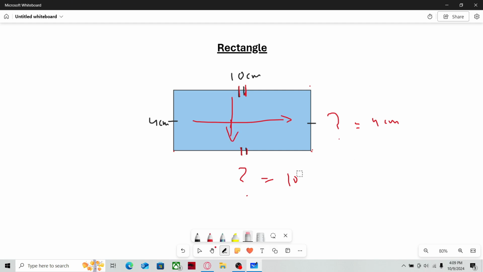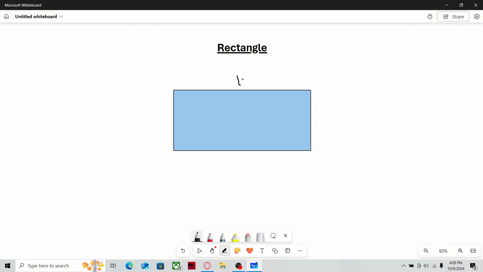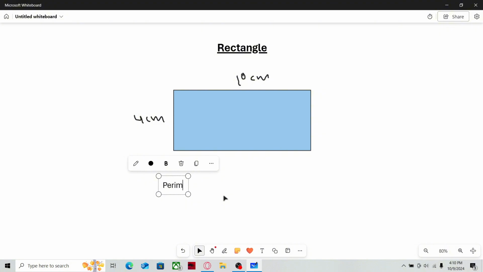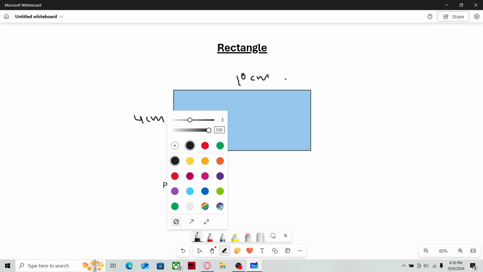Got it? All right. So for an example, how do we find the perimeter now? Like I said, this is 10 centimeters and this is 4 centimeters. So the perimeter is what? Perimeter means you have to add all sides, right?